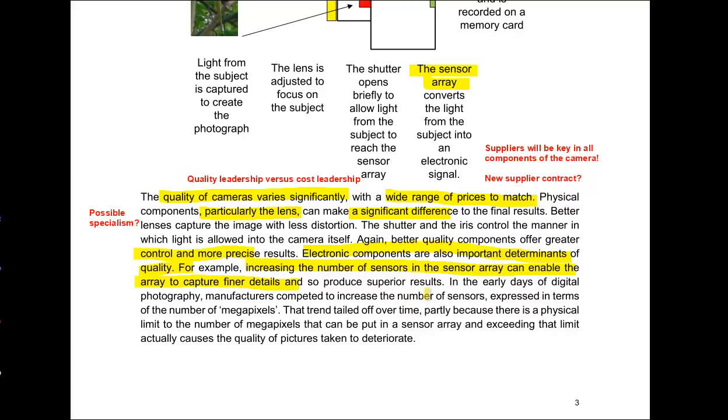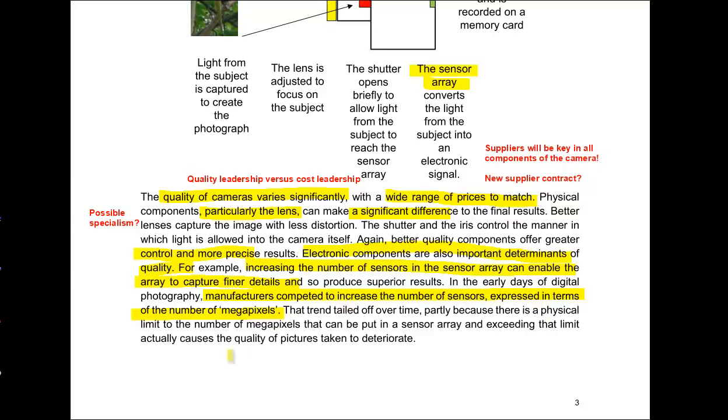Again, this section is not laden with information compared to usual, but essentially it tells us that manufacturers used to compete. In the early days of digital photography, manufacturers competed to increase the number of sensors expressed in terms of number of megapixels. So yeah, we've all seen megapixels in a camera before.